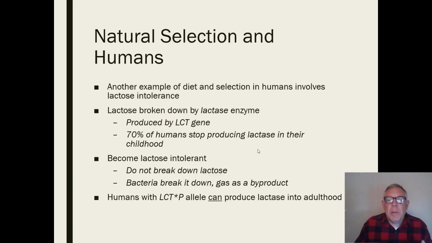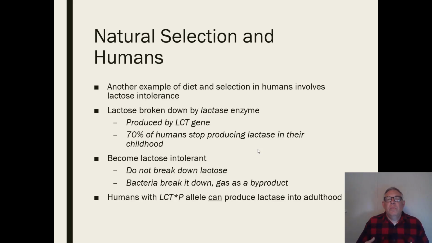Now, about 70% of humans stop producing lactase in their childhood. And so that makes them lactose intolerant as adults. If you're not producing lactase, then you can't break down lactose. And so you don't digest it, the bacteria in your gut do digest it. And they give off byproducts like gas and bloating. And we call that lactose intolerant.